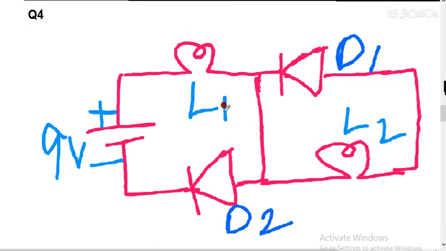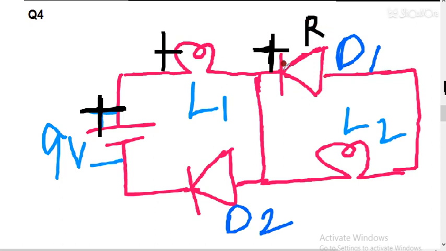So here you can see this is the positive voltage of the battery. So some positive voltage will go here in the upper branch, some positive voltage will also go here, some positive voltage will also go. That means this diode is reverse biased.